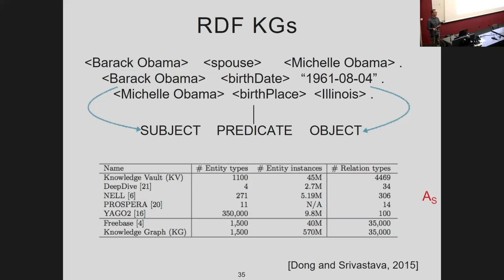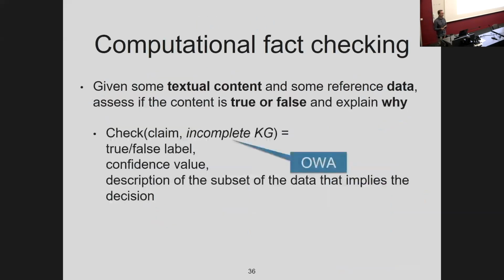So we are in what is called the open world assumption. Why is it so important for us? Because if I say Elon Musk is the founder of Chevrolet, and I go and try to use the knowledge graph to do a lookup of this triple, the most naive solution, right? And it's not there. Can I say that it's not there because it's false or because it's just missing?